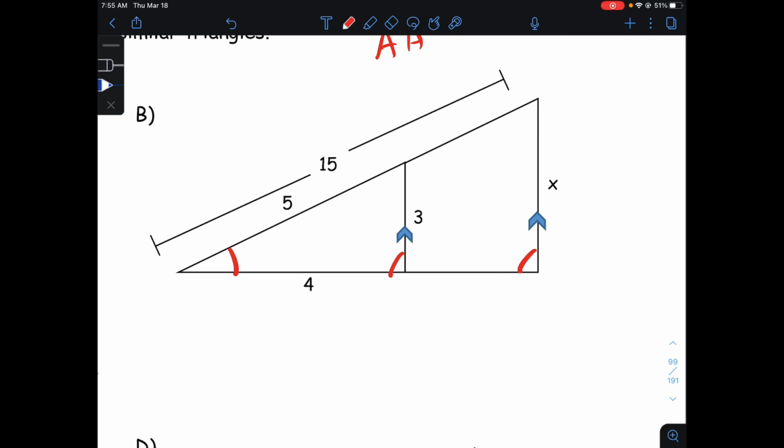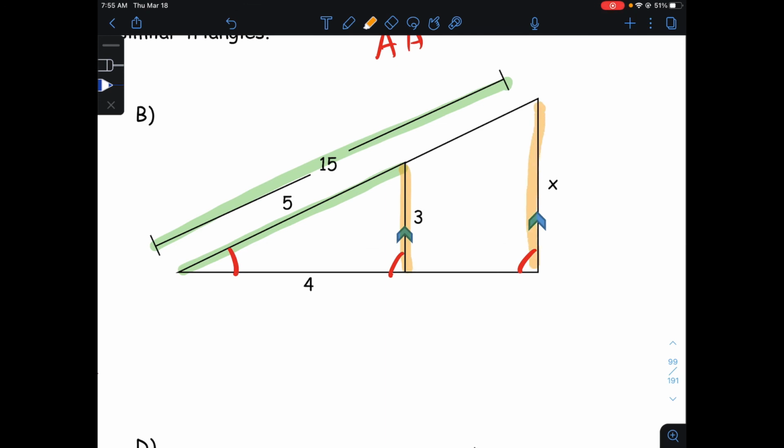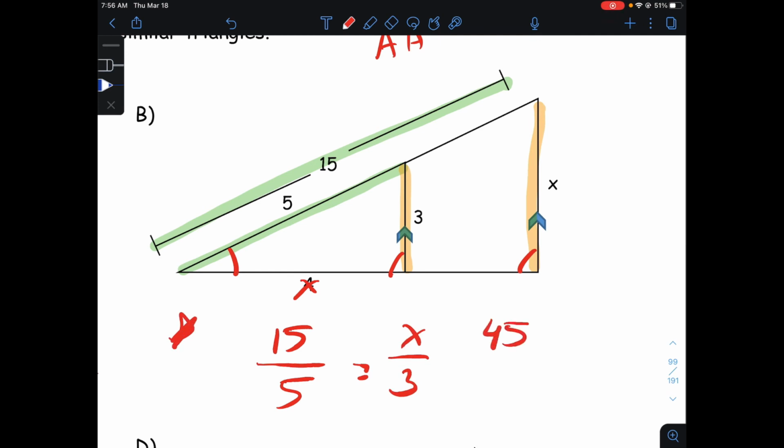We've got this side goes with this side, right? And then this side goes with this side. The 4 actually is totally useless here. We don't need that. So we'll make the big triangle, triangle 1. So we'll do 15 over 5, and then x over 3. So go ahead and solve that. You should get 45 equals 5x. Divide by 5, and you should get that x is 9.